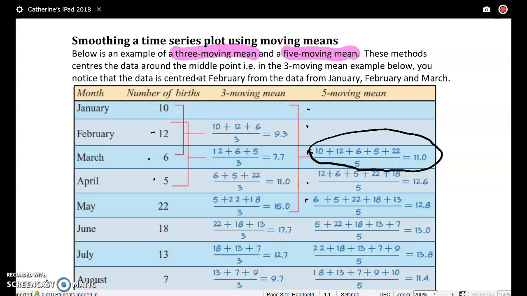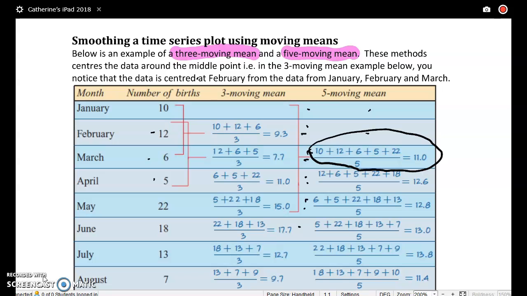Notice that we can't find a 5 moving mean data point for January and February. The first one we can find is March. Then for our next data point, centered at April, I find the data for February, March, April, May, June, put it all together, and we come up with our mean of 12.6.